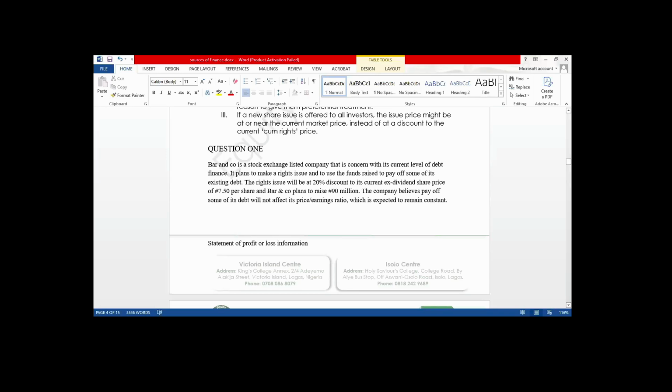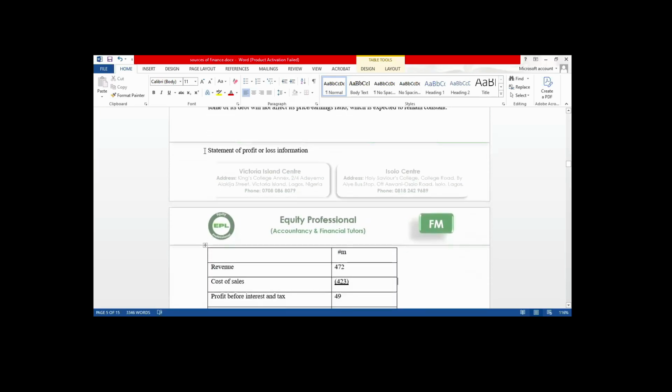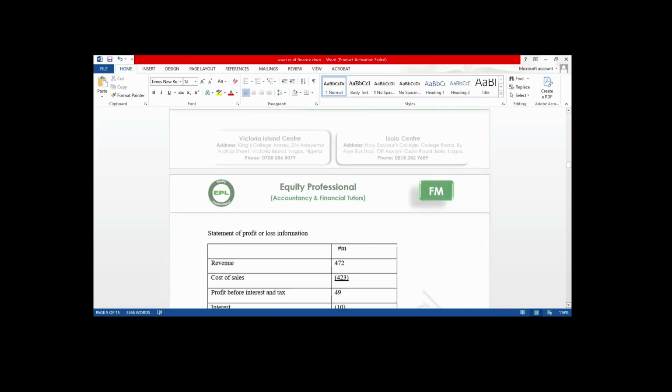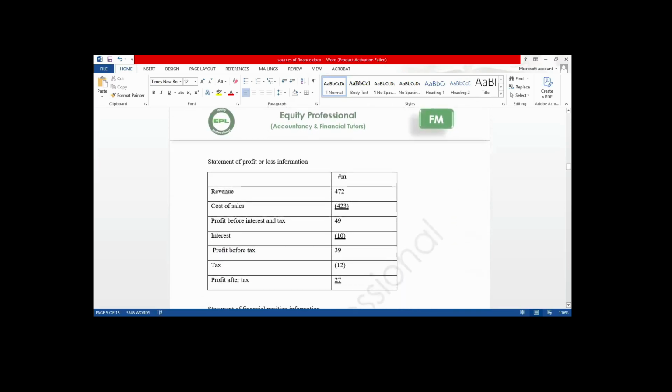Next, statement of profits or loss. You have the revenue, you have the cost of sales, you have the profit before interest and tax.